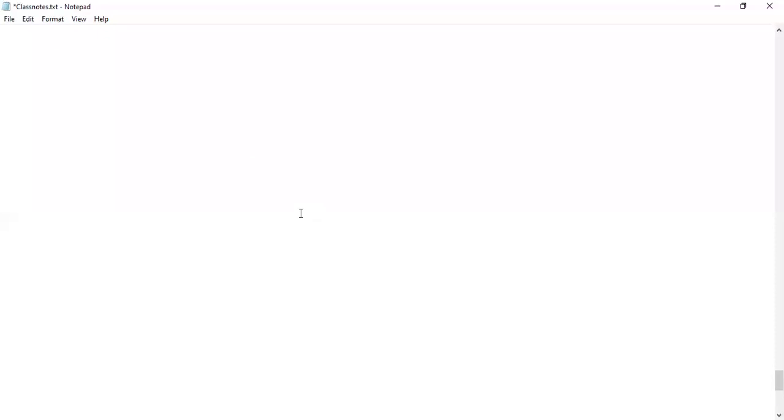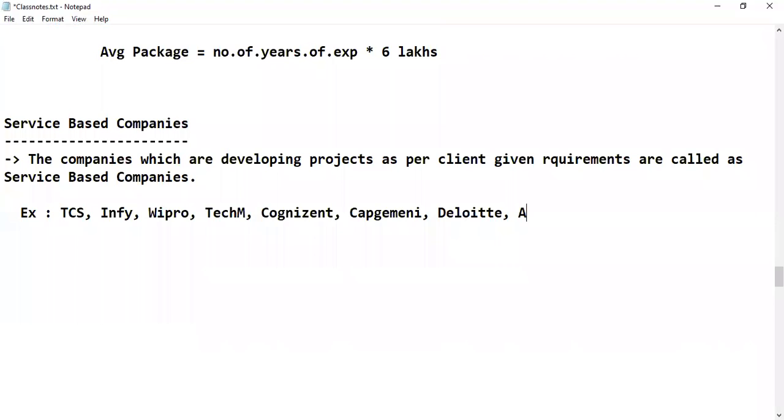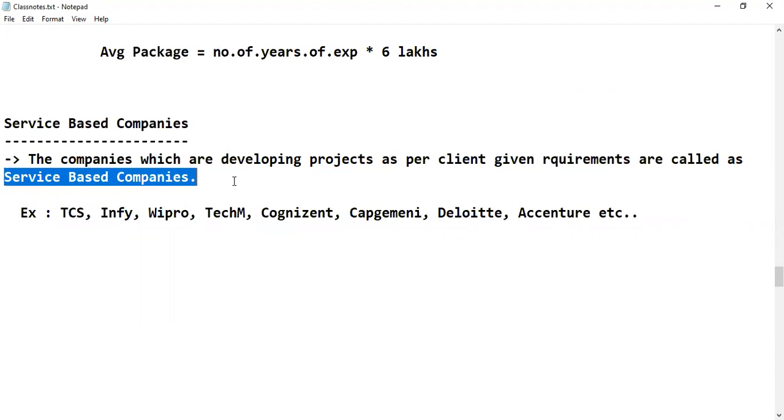Accenture also comes under this. All these companies are called service-based companies. The companies which are developing the projects as per client given requirements are called service-based companies.